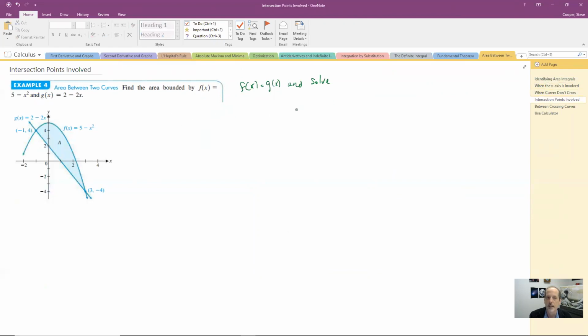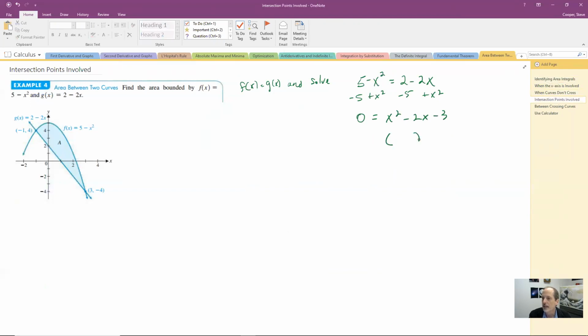So we're going to get, when is 5 minus x squared equal to 2 minus 2x. All right, I'm going to set it equal to 0. So I get 0 equals x squared minus 2x, 2 plus negative 5 is negative 3.